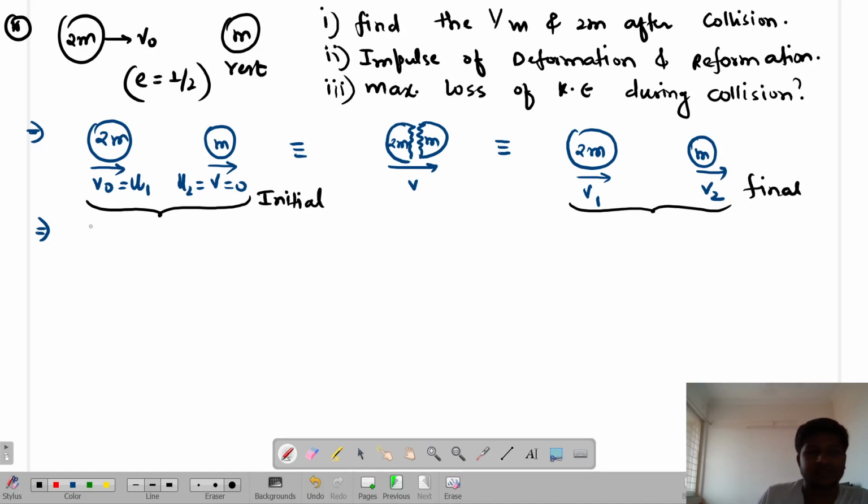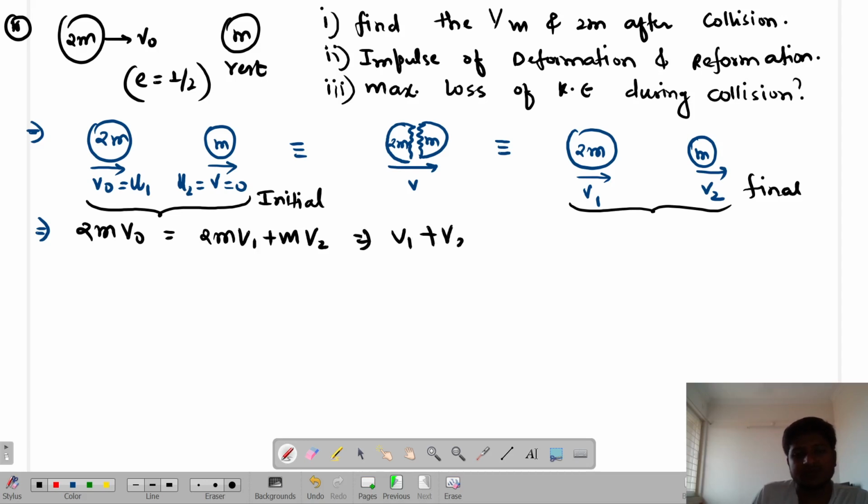So if I consider this as initial and final, the equation will be 2m v naught equals 2m v1 plus m v2, or the equation becomes 2 v1 plus v2 equals 2 v naught.